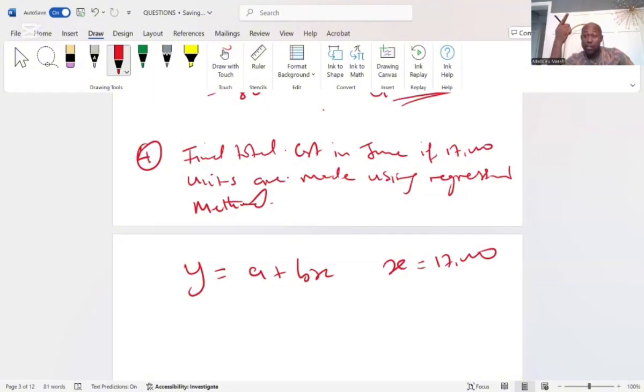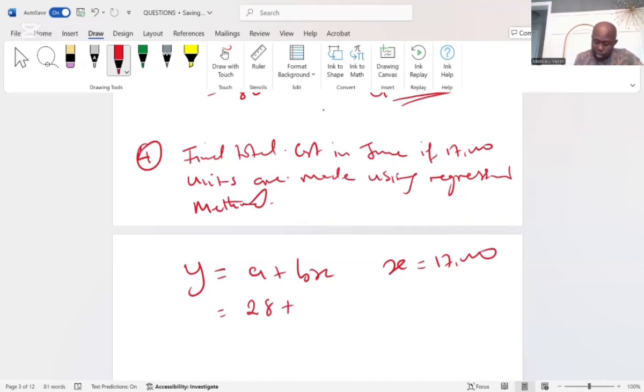Just like the high-low method, variable cost per unit is multiplied by number of units. Number of units is 17,000, so x is 17,000. What is a? We have a to be 28. Plus, what is b?